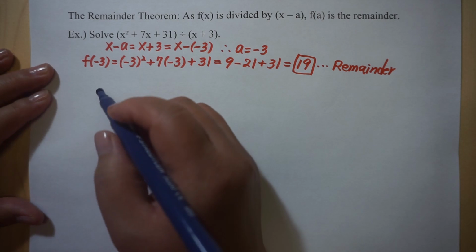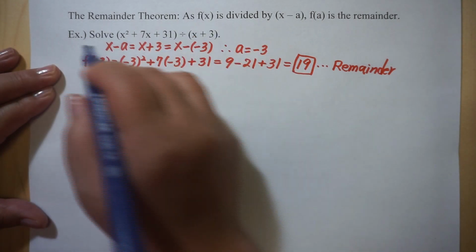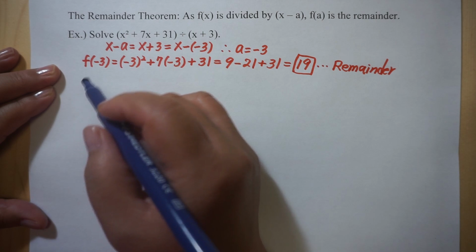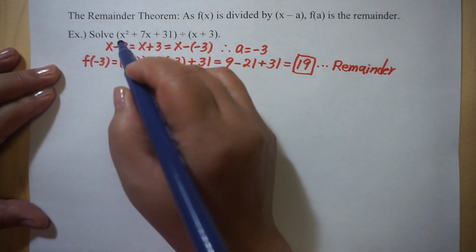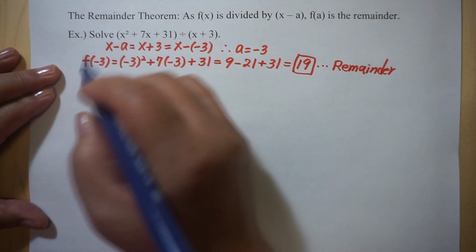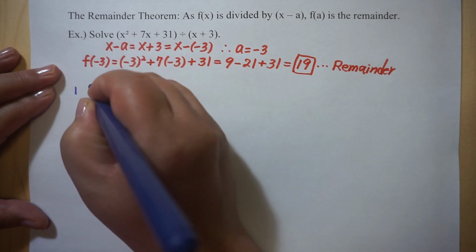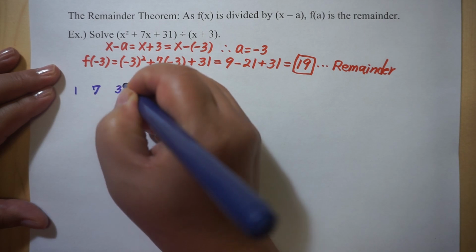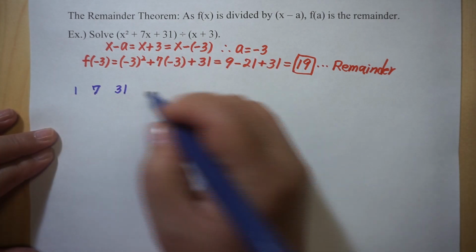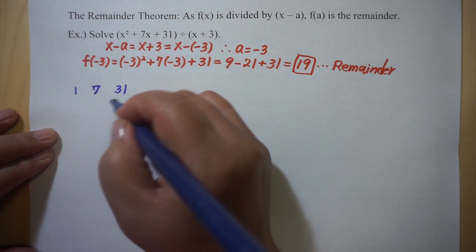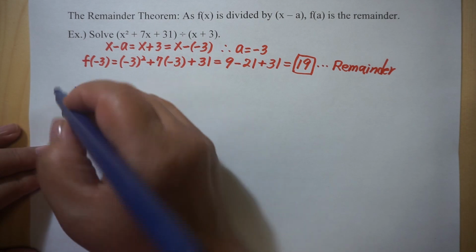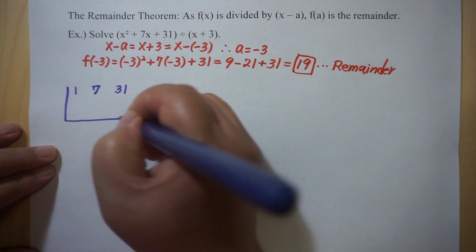So synthetic division, to solve this problem, we always have to write the coefficients of f of x. So this time f of x here, 1, 7, and 31. However, 31 is not a coefficient. This is a constant number, but we're going to include it. And then we're going to make a box.